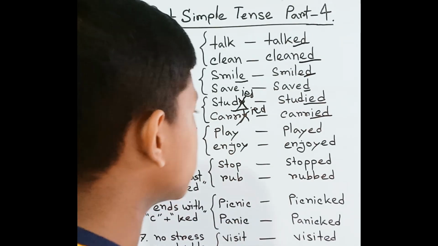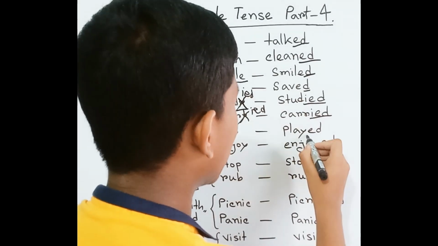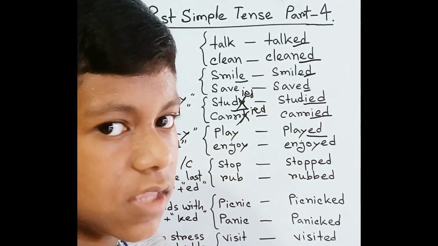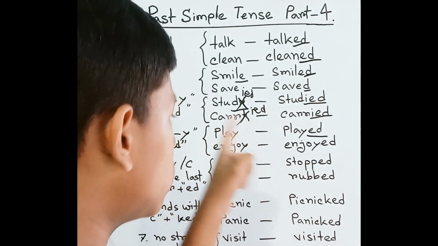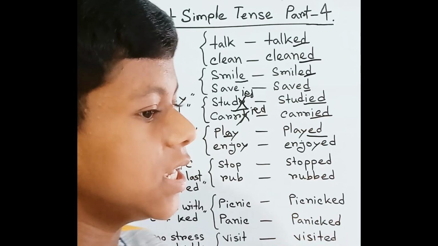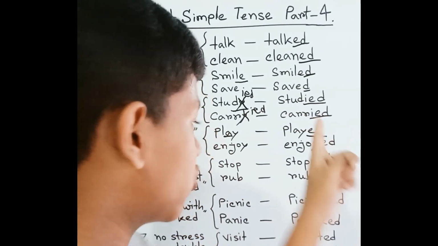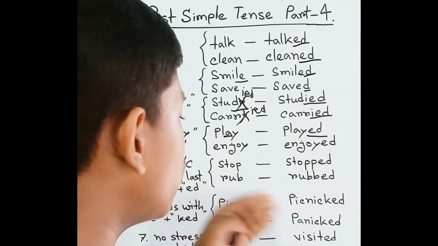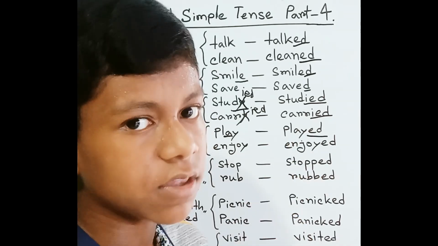So here the y hasn't changed, and I have already added ed because a vowel is used before the y. A is a vowel, and it is used before the y. That's why when we transform it, play becomes played. Same here, enjoy becomes enjoyed.